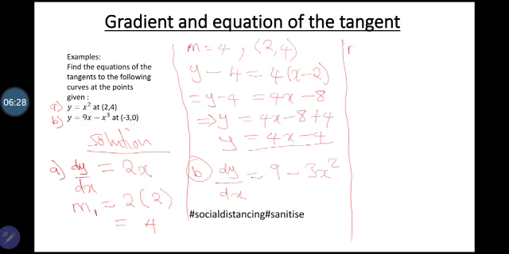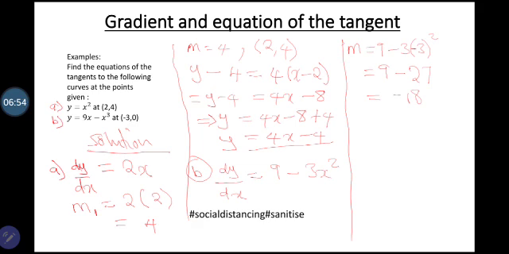So we have m is equal to 9 minus 3 times negative 3 squared. Negative 3 squared will give us positive 9, and 3 times 9 will give us 27, so 9 minus 27 will give us negative 18.